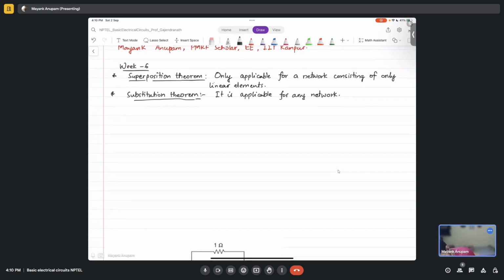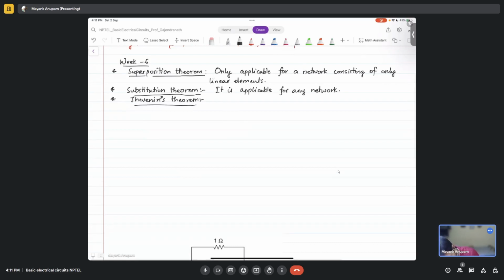Then there was Thevenin's theorem. What was Thevenin's theorem?